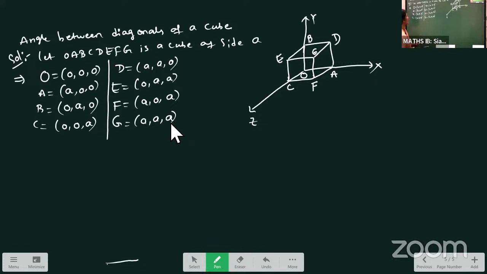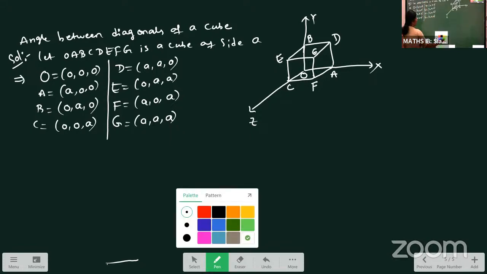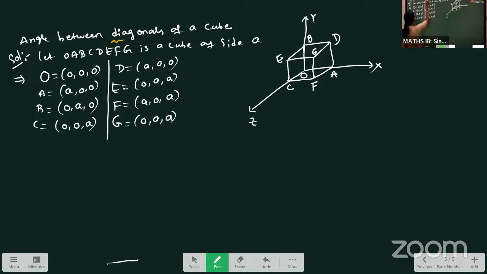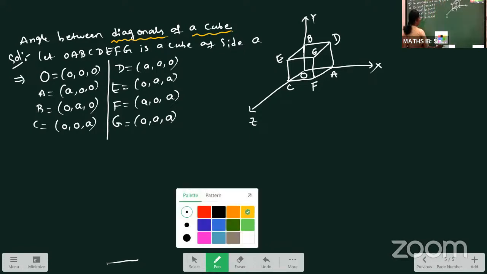By seeing the diagram, we have to mention the vertices like this. Now, what is the question? Angle between diagonals of a cube. First, we have to identify the 4 diagonals in the cube. What are the 4 diagonals?